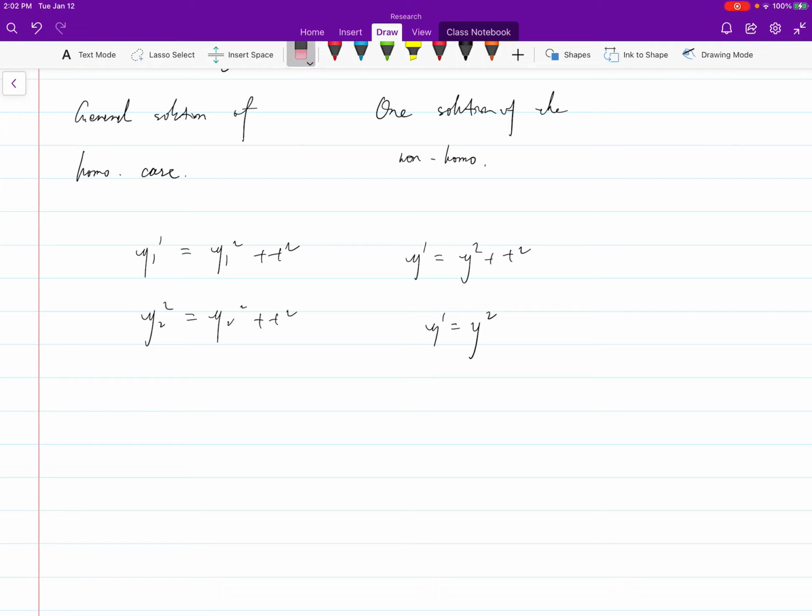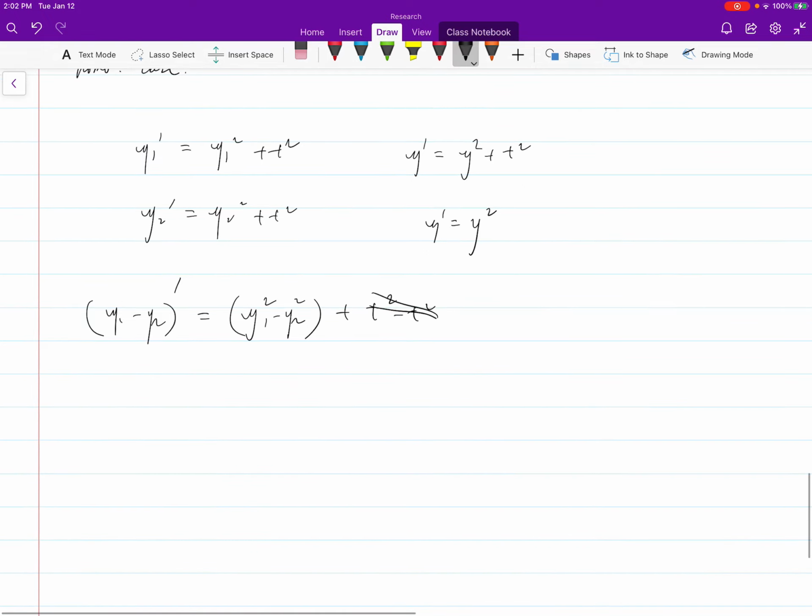But if you take the first one minus the second one, you still have the homogeneous case, but the problem is your y1 minus y2 does not satisfy this.